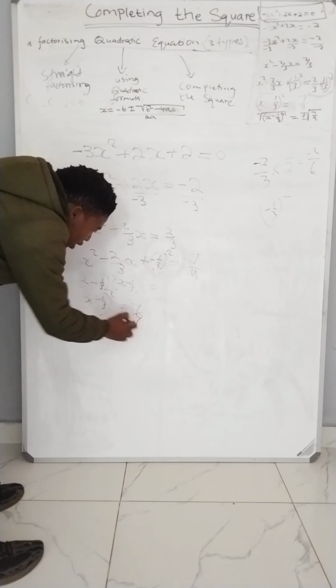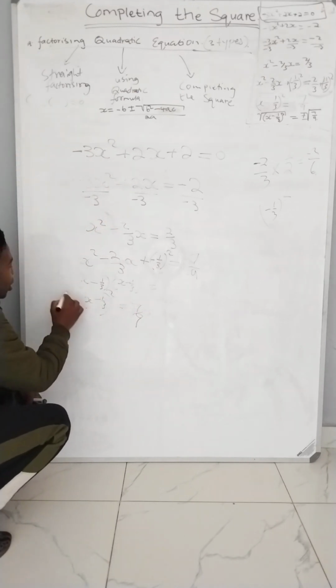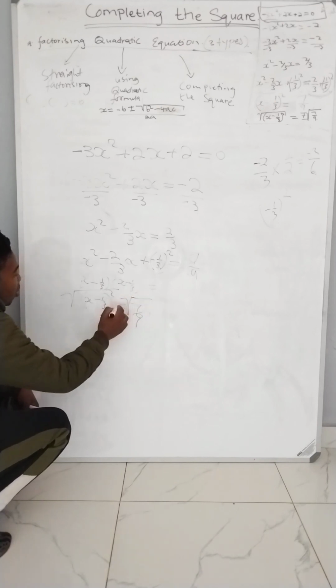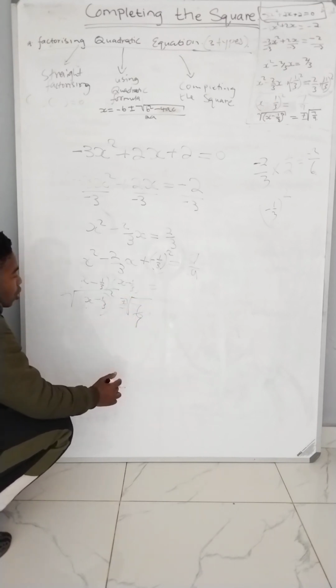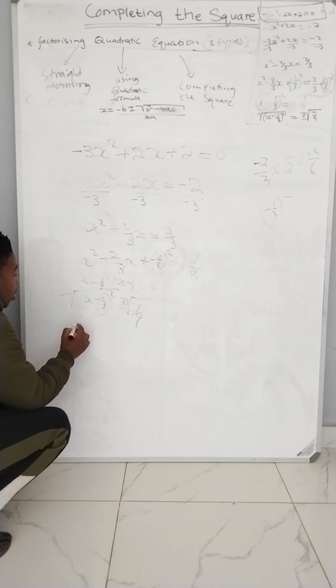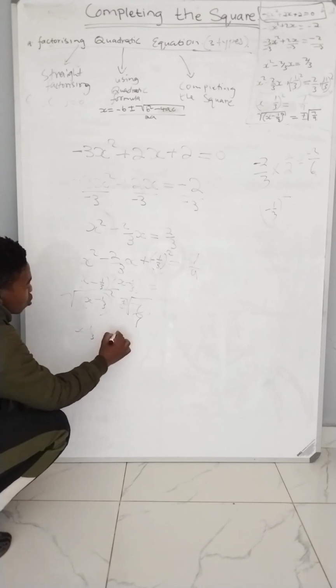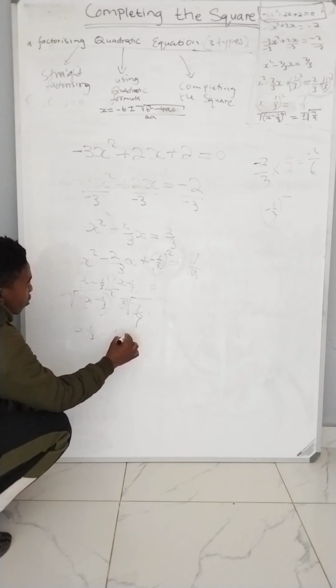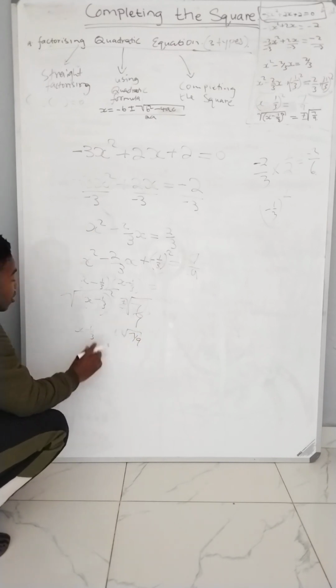Now you're going to take the square root to remove the square, and then you do the same on this side, but here you put plus or minus. And then you will remain with x minus 1/3 is equal to plus or minus the square root of 7/9. At this stage, you're going to take this constant to the other side.